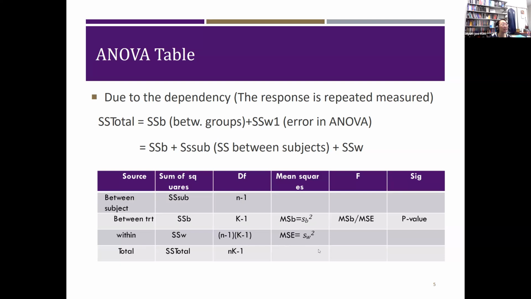Since MSE is smaller in repeated measure, this will lead to a larger F test statistic value, and it is more likely to reject the null hypothesis. In other words, it is often more powerful compared to one-way ANOVA and more likely to find mean differences.